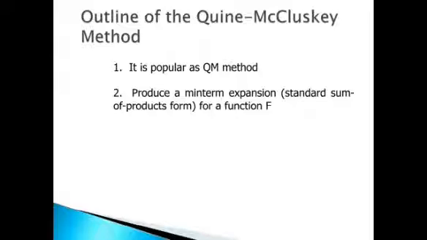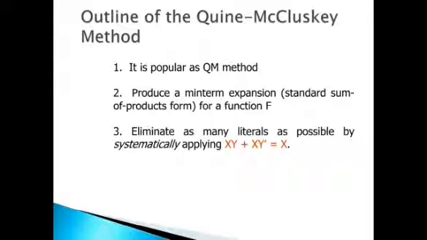It eliminates as many literals as possible by symmetry. This makes the QM method more efficient, and this law is applicable here: xy plus xy complement is equal to x, because y plus y complement is always equal to 1.